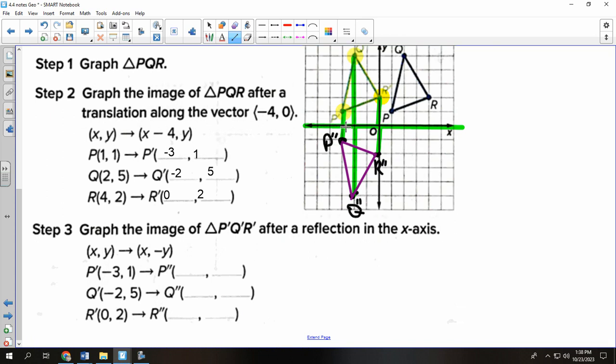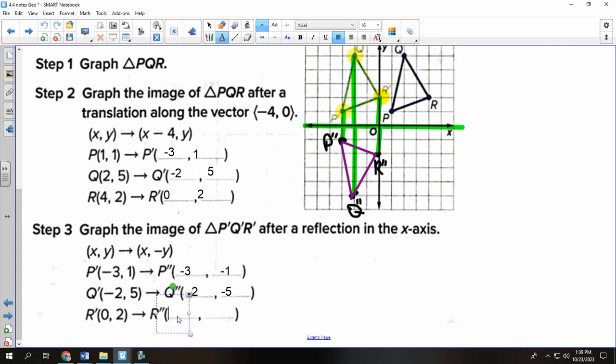So what is our image going to be? When we reflect across the x-axis, our x stays the same, and our y is the opposite. So if we were at -3 before, we're going to be at -3 again. Then the 1 is going to become negative. And then for this one, the -2 is going to stay the same, and the 5 is going to become negative.